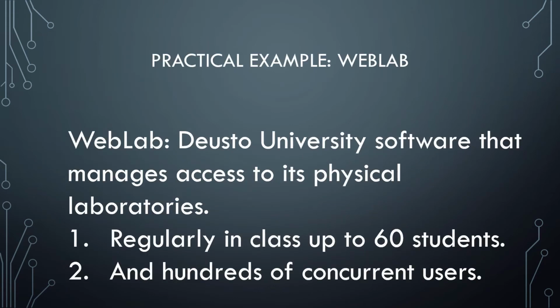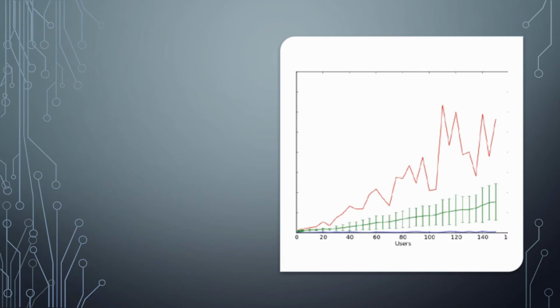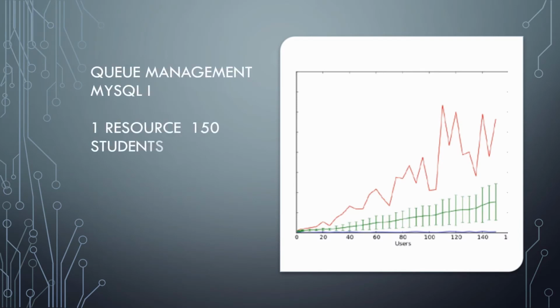Practical example: WebLab. WebLab is a university software that manages access to its physical laboratories. 1. Regularly in class, up to 16 students. 2. And hundreds of concurrent users. Queue management MySQL: 1 resource, 150 students.